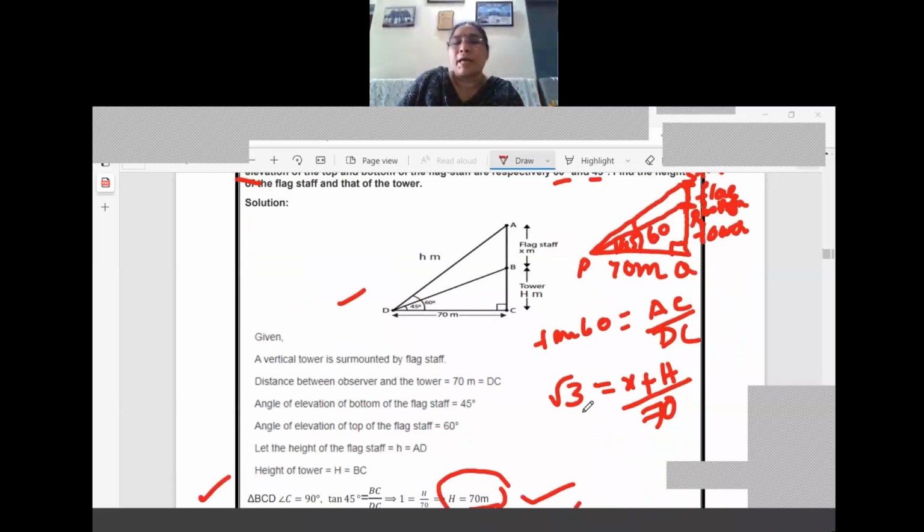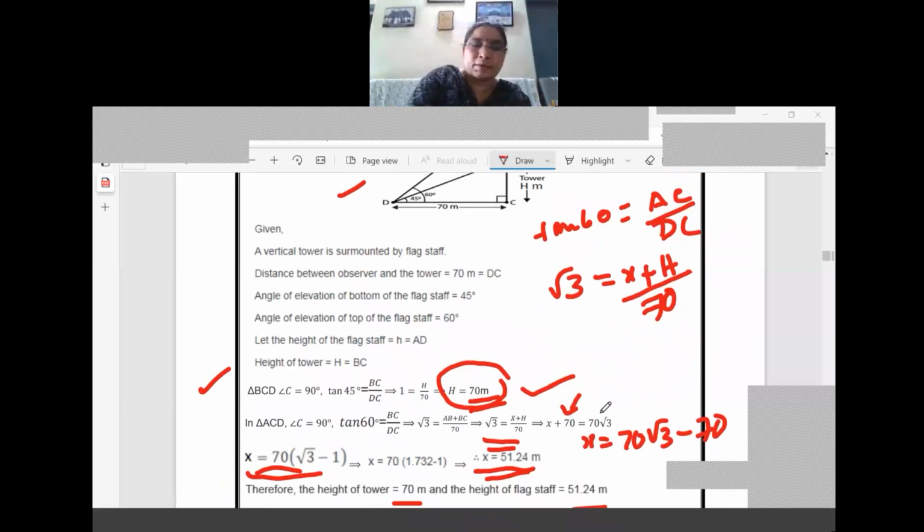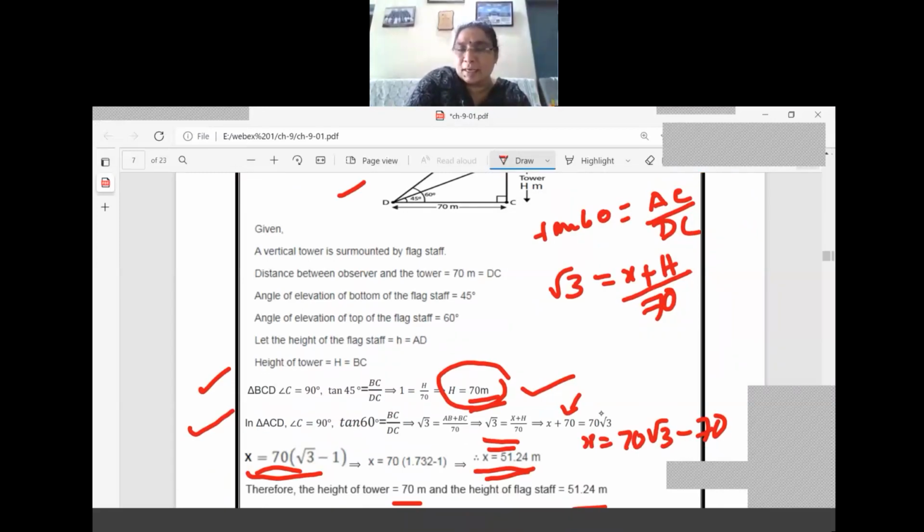With the help of tan 45 in right triangle BCD, we are getting the height of the tower. Similarly, the other right triangle we are using is triangle ACD. From tan 60 we are calculating by the same rule, only the substituted values are changed. Root 3 equals X plus H by 70. X we calculate: X equals 51.24 meters.